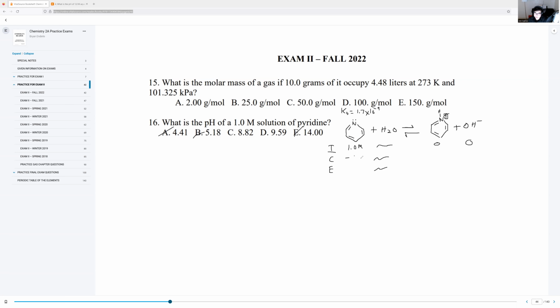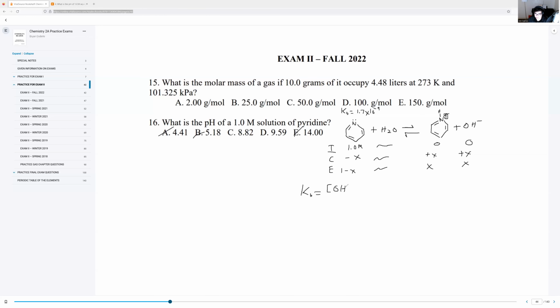The change, I'm going to say this is minus X. I will say that this is plus X and plus X, right? And so this is 1 minus X, this is X, and this is X. All right, now you have a formula similar to the Ka1, right?